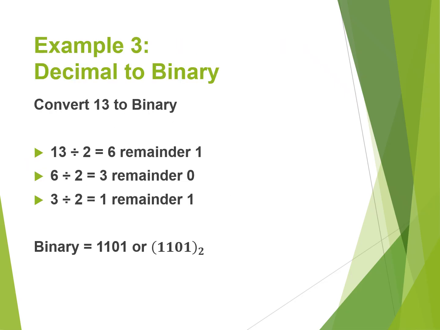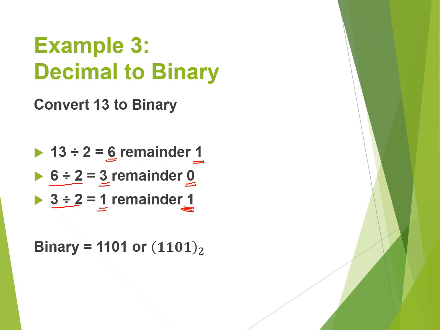Decimal to binary. Convert 13 to binary. Here we can see the number 13 we are dividing by 2. I get 6 as a quotient, 1 as a remainder. Again dividing 6 by 2, 3 as a quotient, 0 as a remainder. Again dividing 3 by 2, 1 as a quotient, 1 as a remainder.